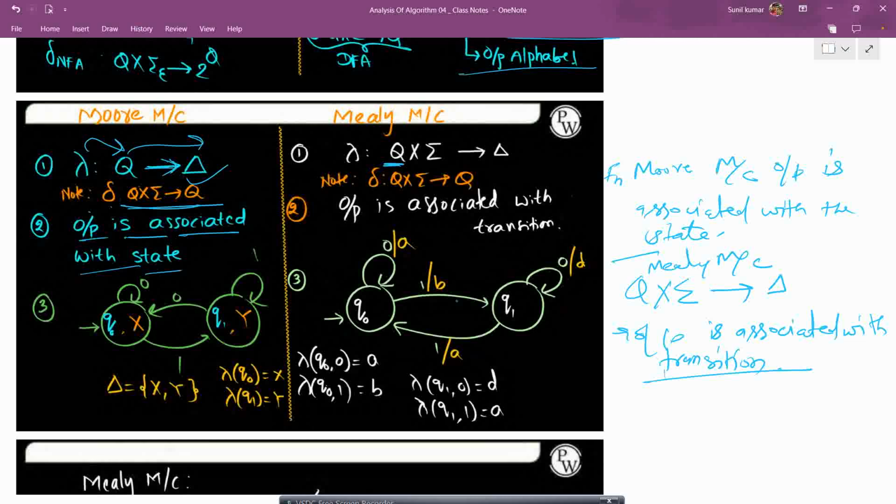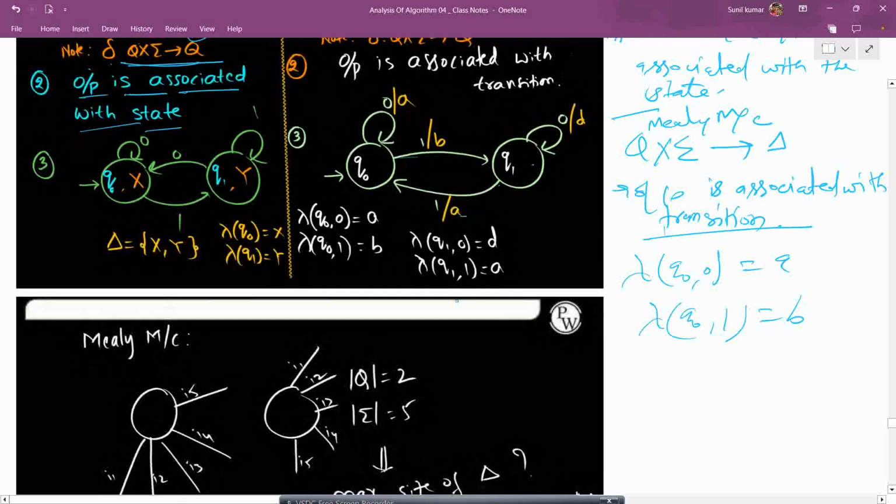So if we are at state q and we take the input 0, the output would be a. So the transition of q0 comma 0 will result in output a, and the transition of q0 comma 1 will result in output b. This is how transition works. This is Mealy machine.